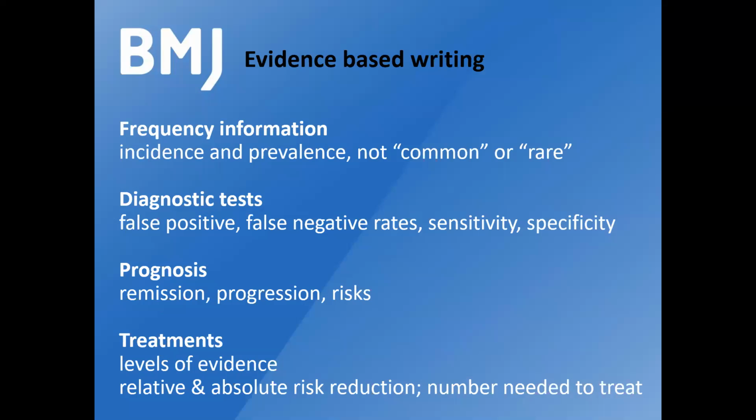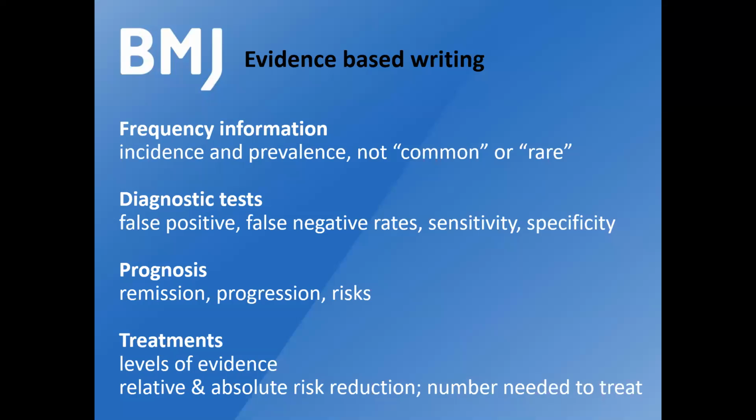Rather than saying that a diagnostic test is accurate, state precisely what are the sensitivity and specificity or negative predictive value or positive predictive value, etc., etc. Try not to say that a disease has a good prognosis or a poor prognosis. Say what the risks of complications are, or death is, or the chances of remission, etc., etc.